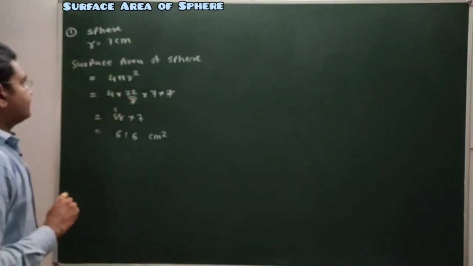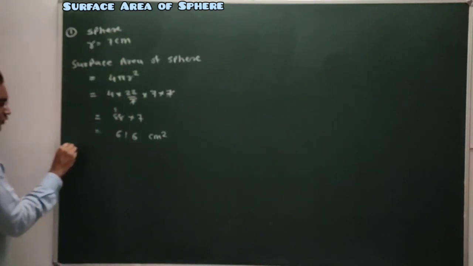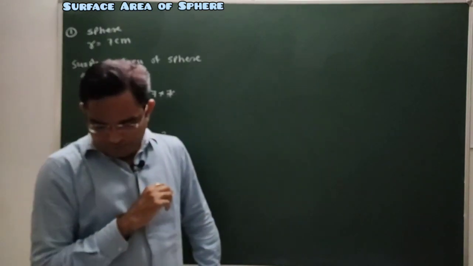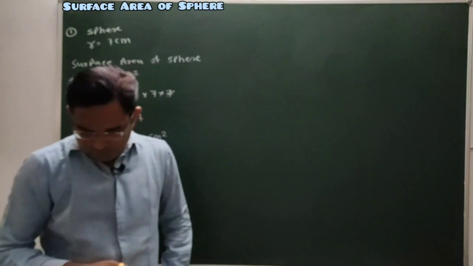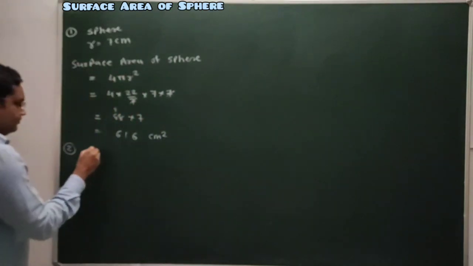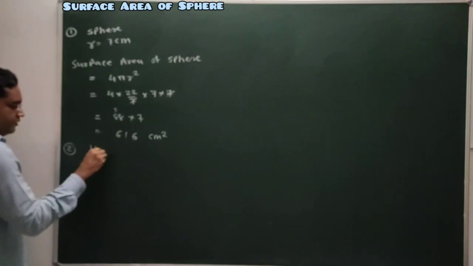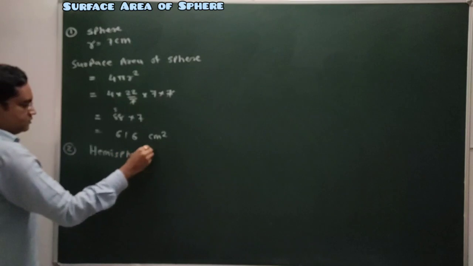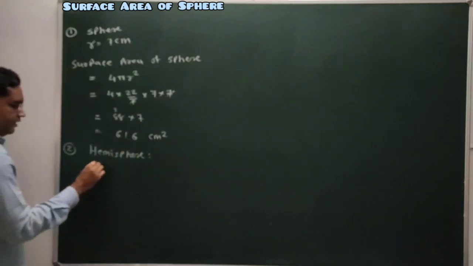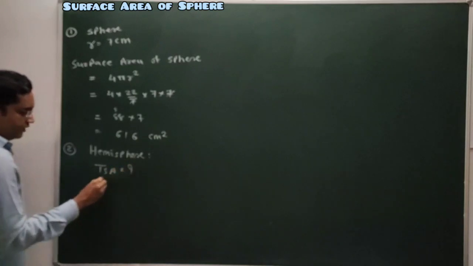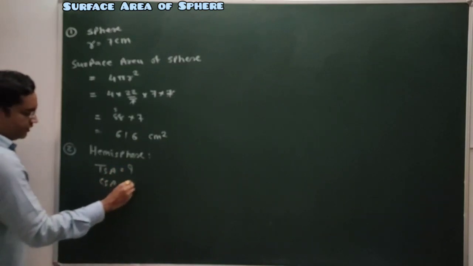Now students, next question, question number 2. For the second question, we have to find the curved surface area and total surface area of hemisphere. For the second question, we are given hemisphere, we have to find the total surface area and curved surface area.